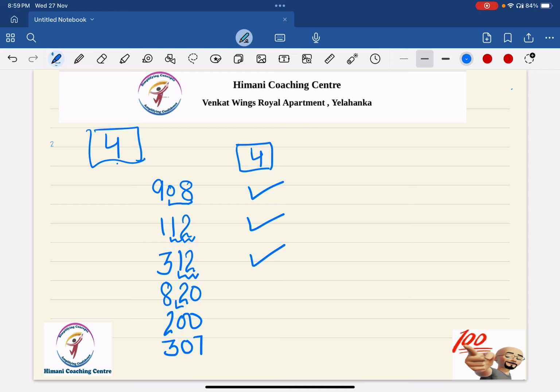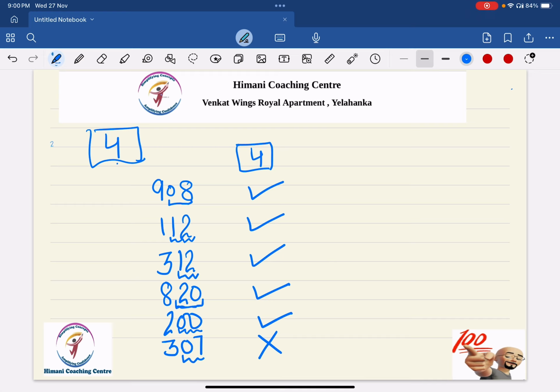Now 820. So 20, is it a multiple of 4? Yes, because 4 fives are 20. So we will say it is divisible by 4. Now this number has two zeros, so that means it is divisible by 4. This number is 307. Now 7 is not a multiple of 4, so we will say it is not divisible.